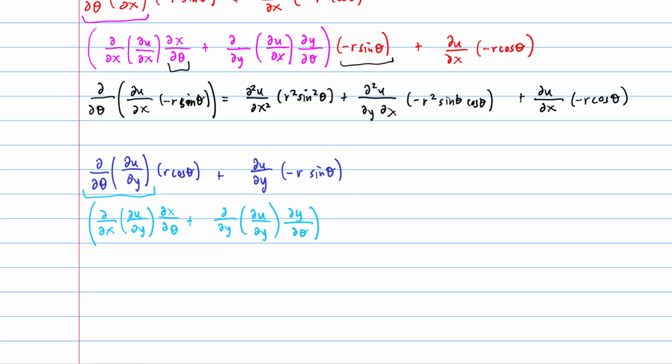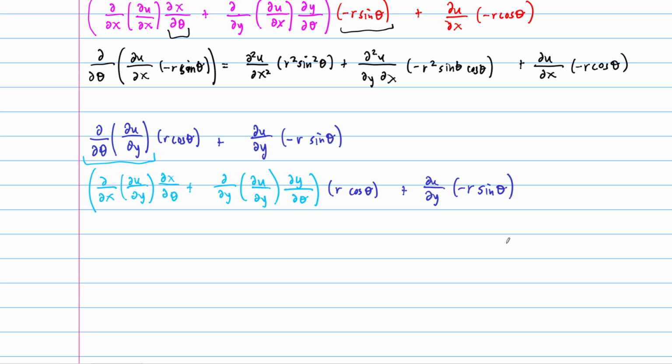Then this is multiplied by, as we continue through here, this r cosine theta is still here, right? Plus, this term's done. So du by dy times minus r sine of theta. And then we can work these out just the same way that we just did, right?